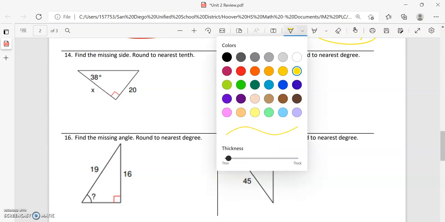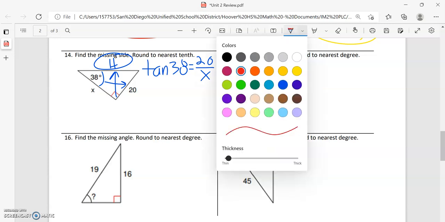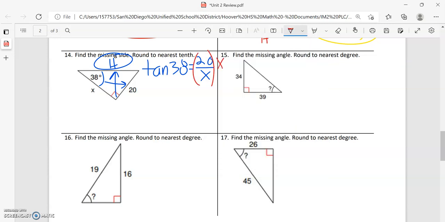So this one, hypotenuse is here. We don't have anything there, so we're going to be using tan. So our indicated angle is here. It is opposite over adjacent. Now this problem, our x is in our denominator. Still multiply by it.